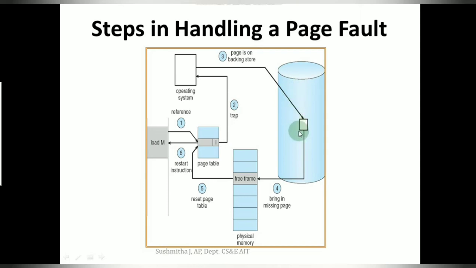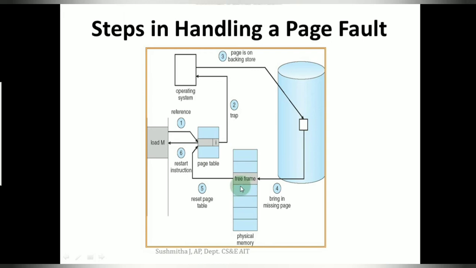Now step 4 is where it is going to bring that page from the secondary memory to the main memory. To bring it to the main memory, it has to look for a free frame in the free frame list. After that, the disk operation is scheduled to bring that page from the disk to the main memory.